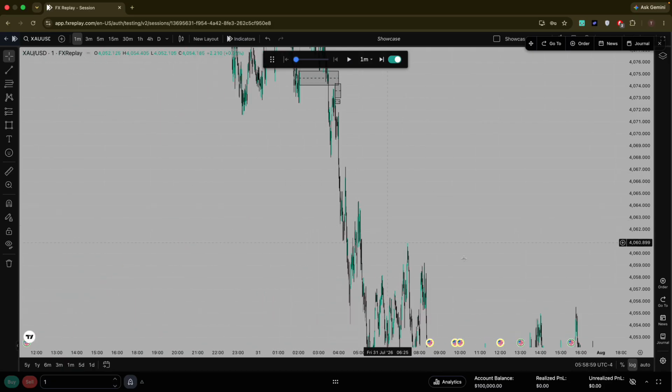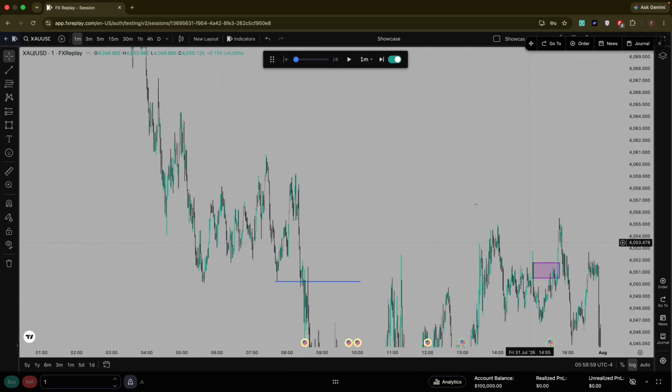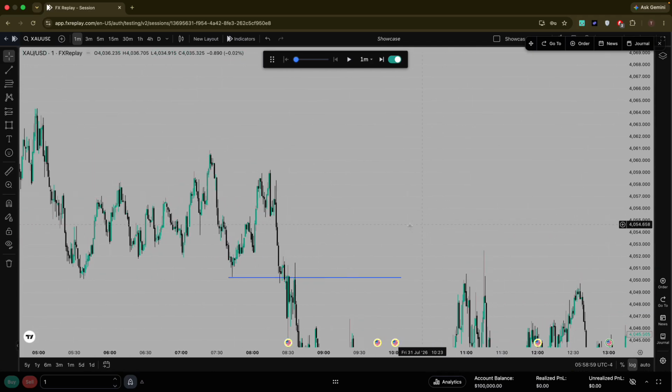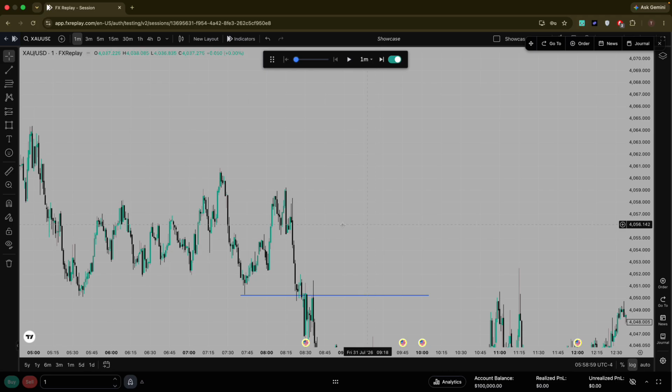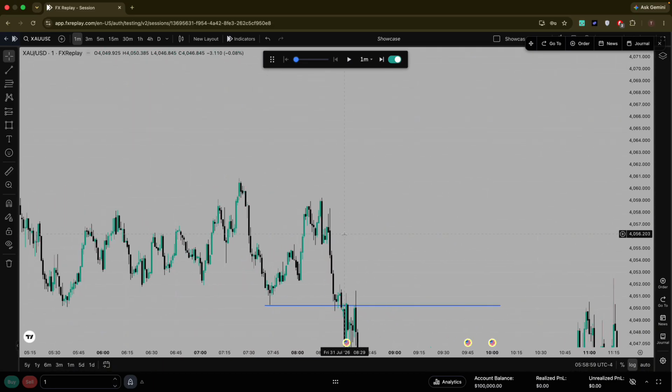Let me scroll out a tad bit here. So even though we can't take a trade here right now, this is one of the trades that are perfectly in my strategy.